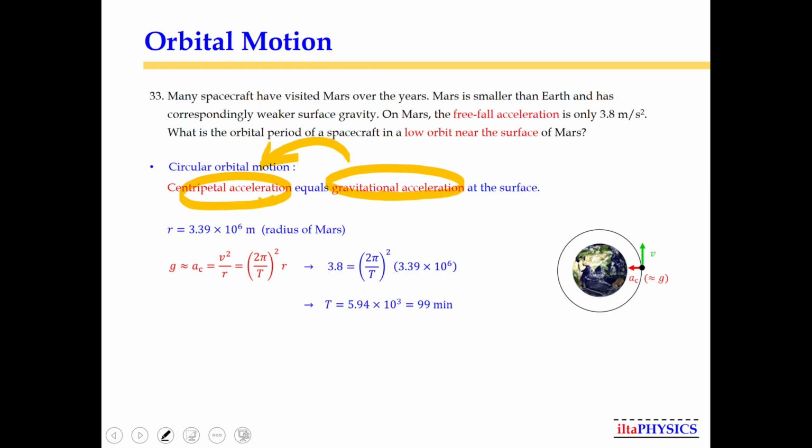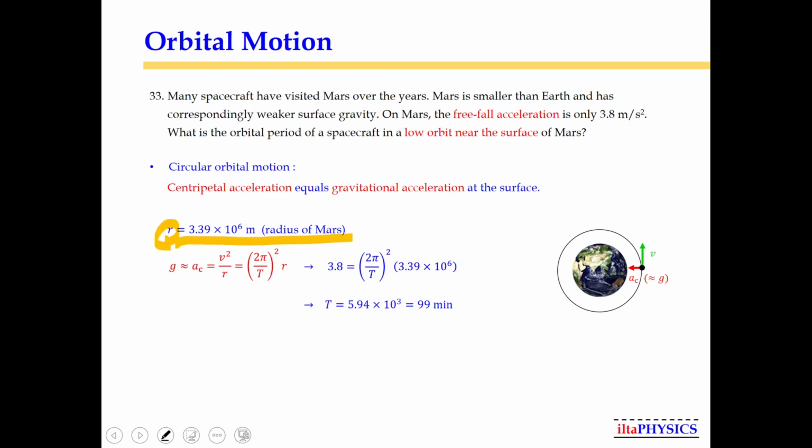Specifically, if we consider the circular motion of the satellite, it becomes equal to the centripetal acceleration. The radius of Mars has a size of 3.39 times 10 to the power of 6 meters. Again, we use the formula that the gravitational acceleration or free fall acceleration is equal to the centripetal acceleration of circular motion.